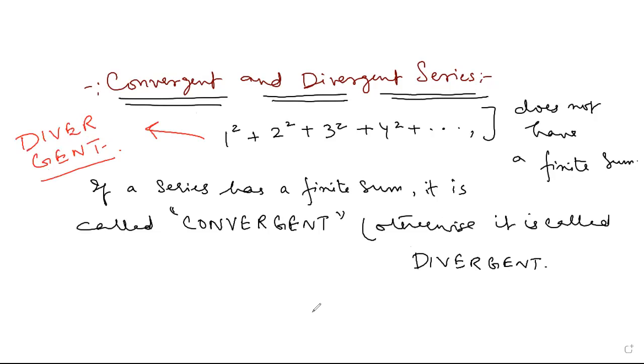Now it is important to know whether a series is convergent or divergent because some weird things can happen if we try to apply ordinary algebra to a divergent series. Suppose we try it with the following series: 1 plus 2 plus 4 plus 8 plus 16 plus so on.